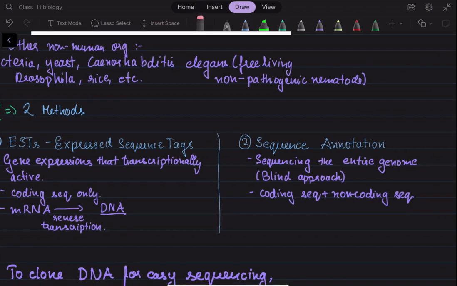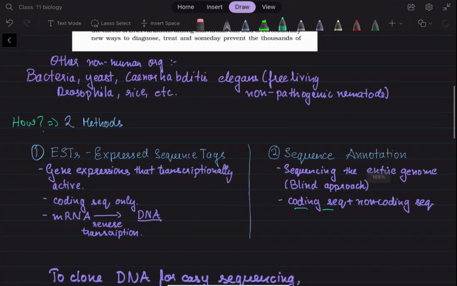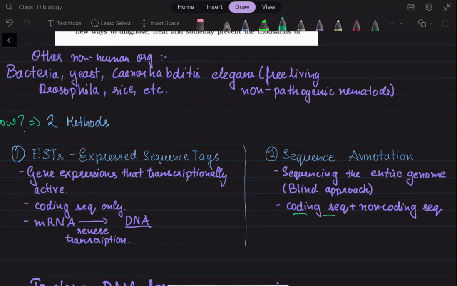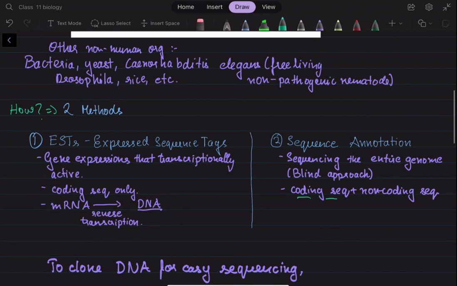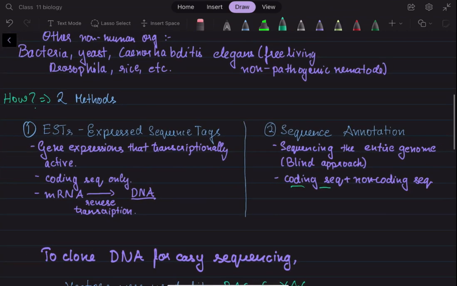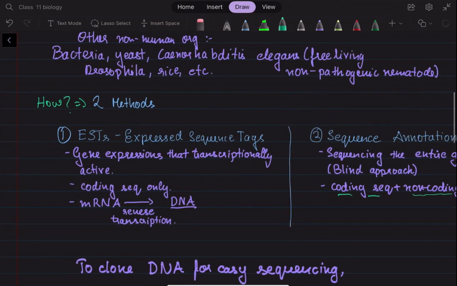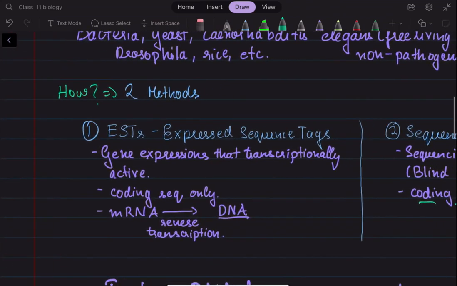Sequencing the entire genome, including the coding sequences and the non-coding sequences, is basically referred to as sequence annotation. You can see this is basically a blind approach as you are determining the coding and the non-coding sequences. We don't usually have anything to do with the non-coding sequences.